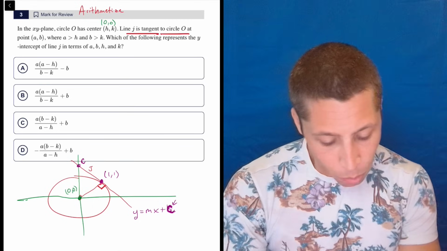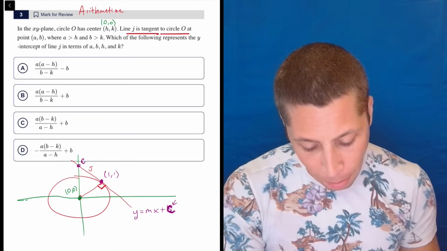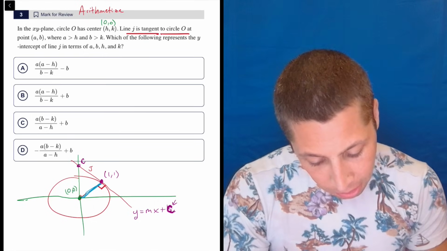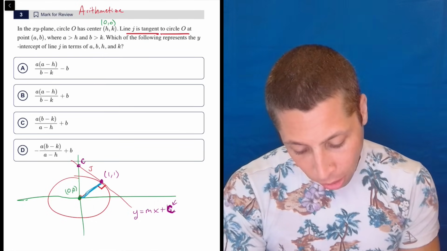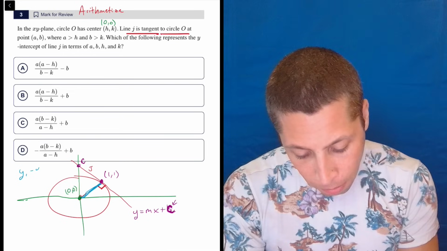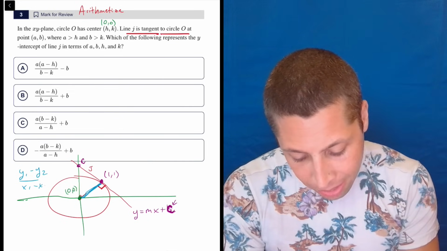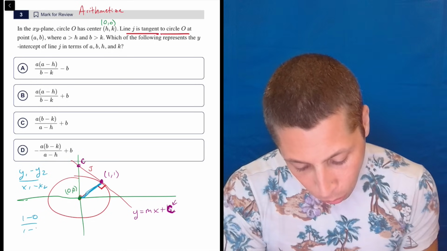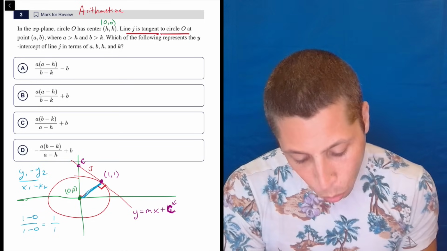But this is where I start to already question my methods a little bit, because if I'm thinking about the slope of this radius, I have 2 points, so I can use the slope formula, which is y1 minus y2 over x1 minus x2. If I use these 2 points, I'm going to have 1 minus 0 over 1 minus 0, which is just 1 over 1.